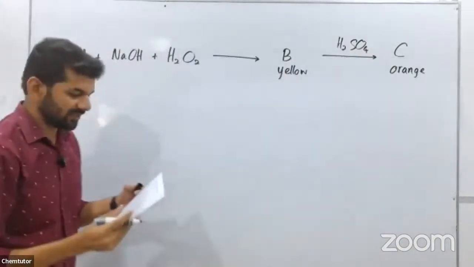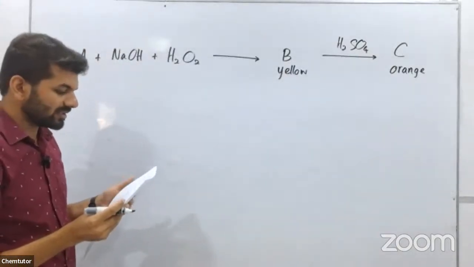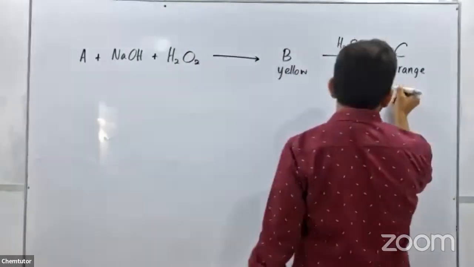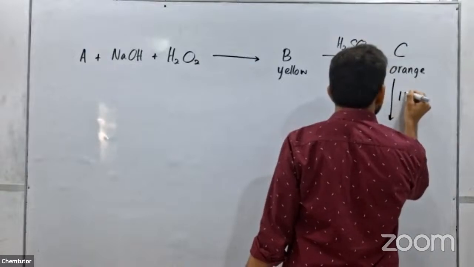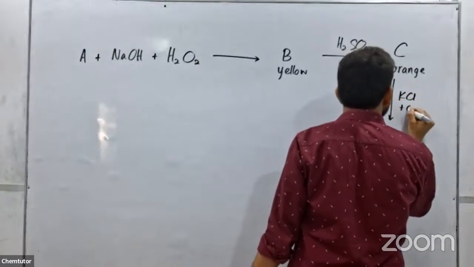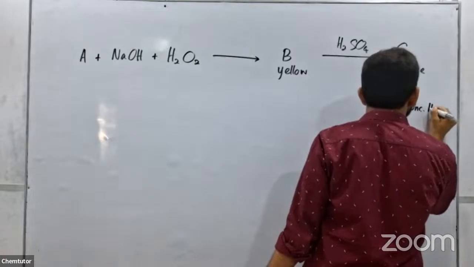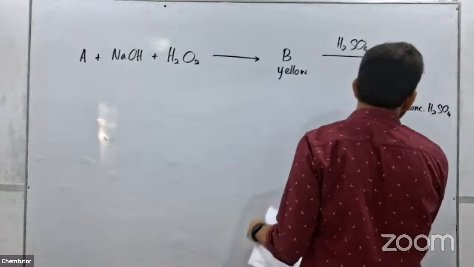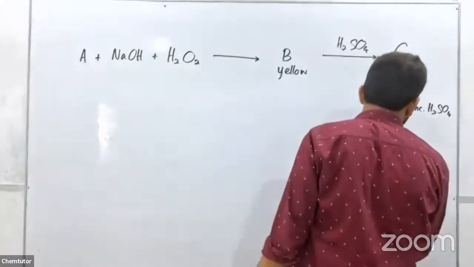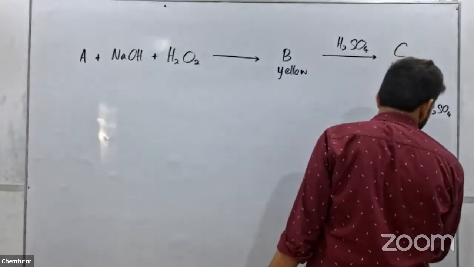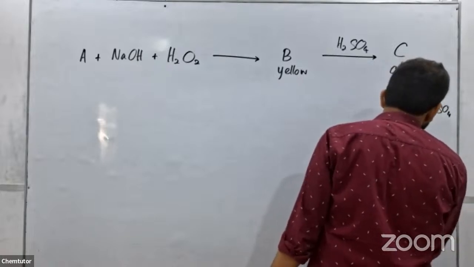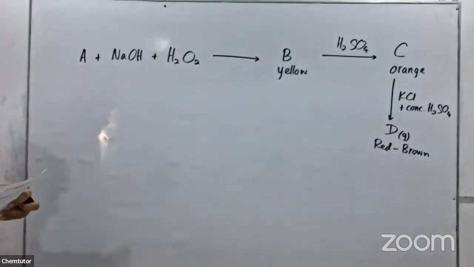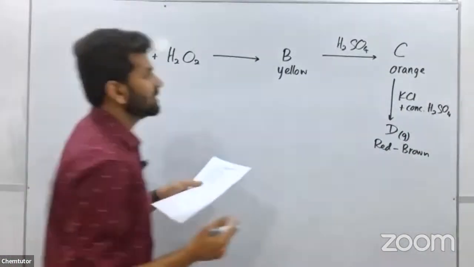Then that orange one with potassium chloride and concentrated sulfuric acid will give a red-brown vapor, that is D. Now D is a gas, a vapor, red-brown in color.